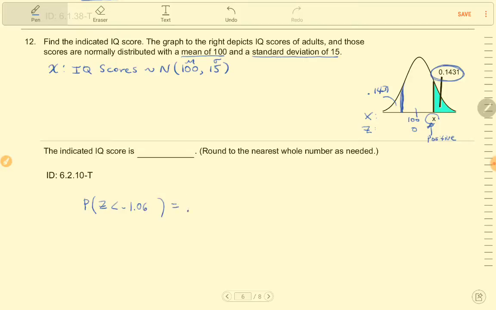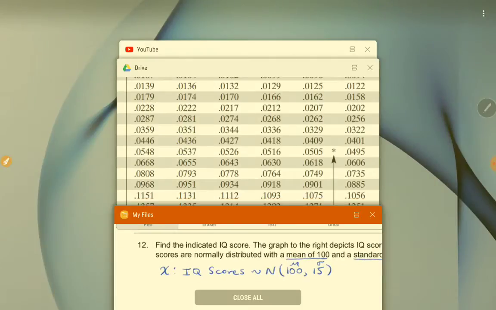That was 0.1446, and the probability that z was less than negative 1.07 was 0.1423. Okay, let me double check my numbers here.